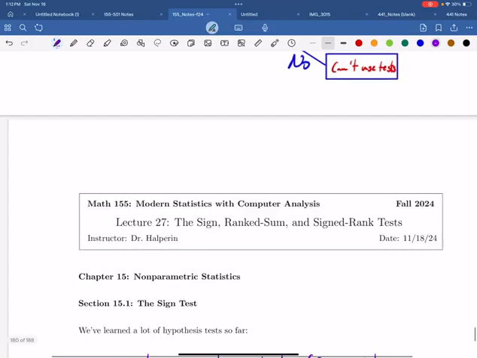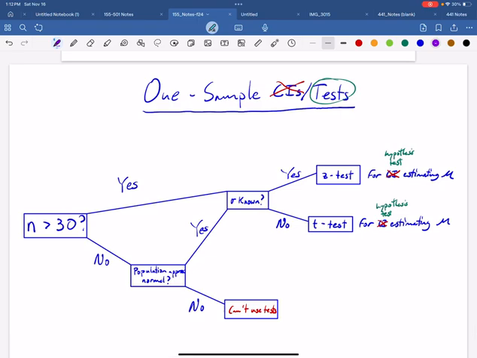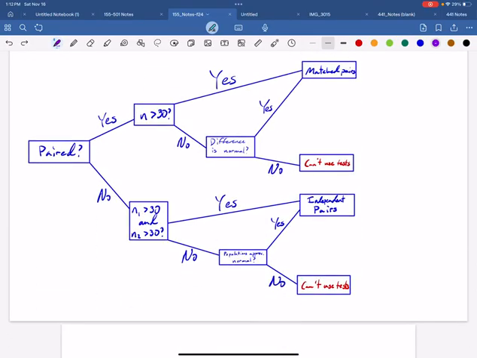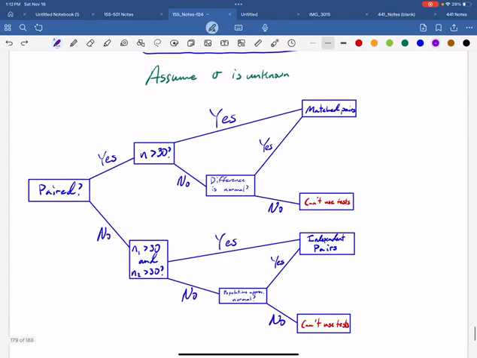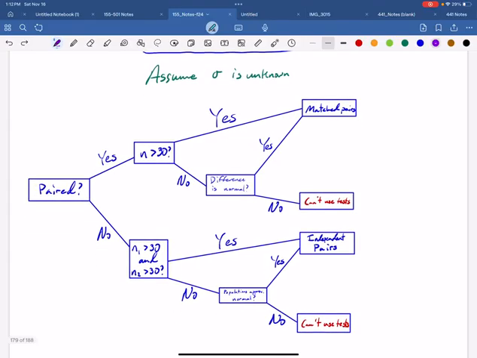If you look at these flow charts right here, that's when we get to use these tests: when we have large sample sizes, or small sample sizes from a normal population. Same with two-sample data. When we have a large sample size or a small sample size from a normal population, we're good to go, as long as we're taking random samples.